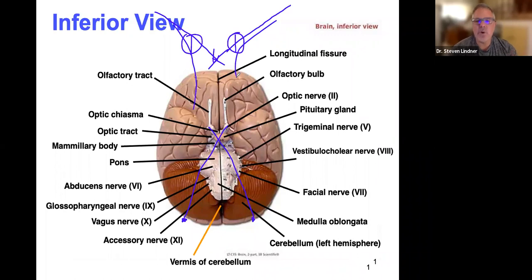Okay, so where the information crisscrosses, the key is that some information from the right eye stays on the right side of the brain, but some of it crosses to the left. And some information from the left eye stays on the left side of the brain, and some crosses to the right side of the brain. Where it crisscrosses right here, where that X is, they call the optic chiasm. Just call it the optic chiasm. That's where they crisscross.